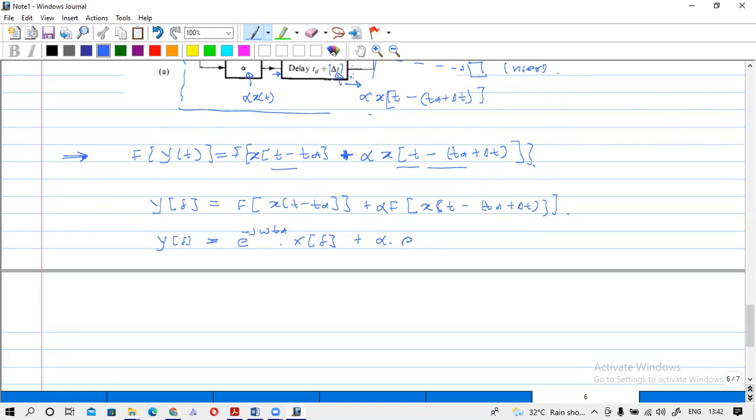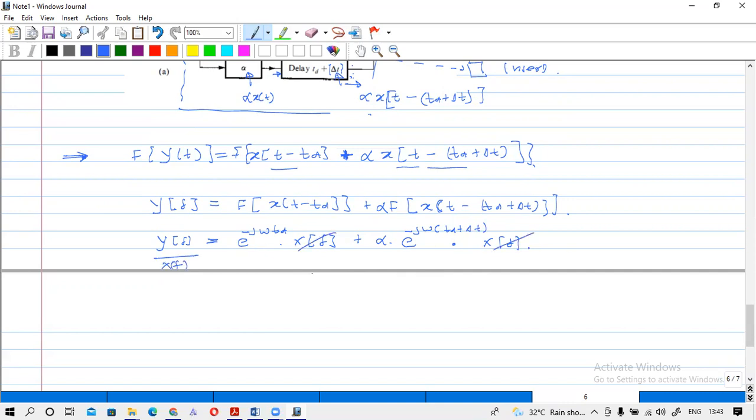So I can write it as e to the power minus j omega, now my delay is td plus delta t, into X(f).